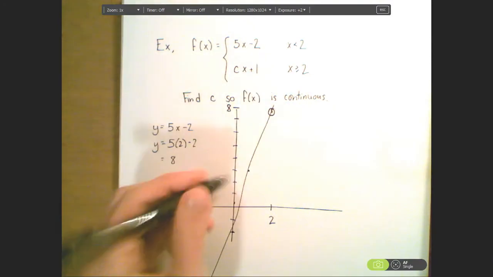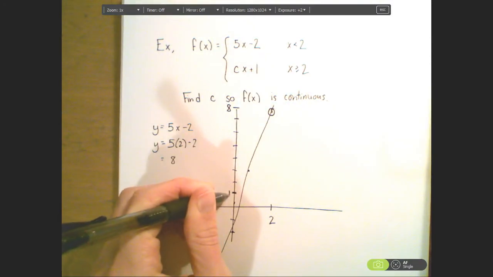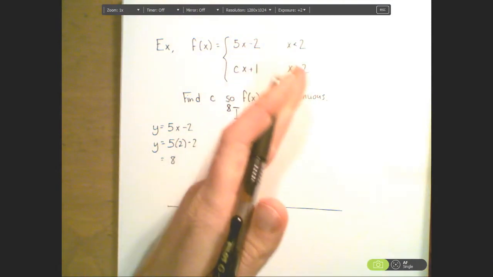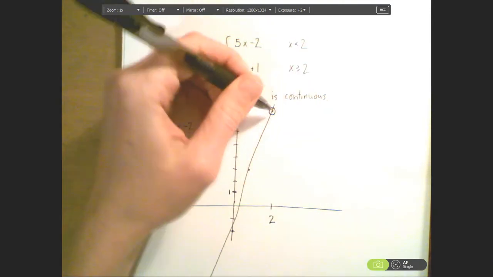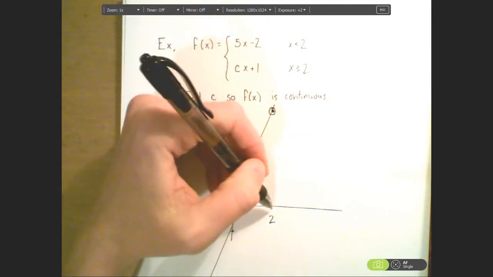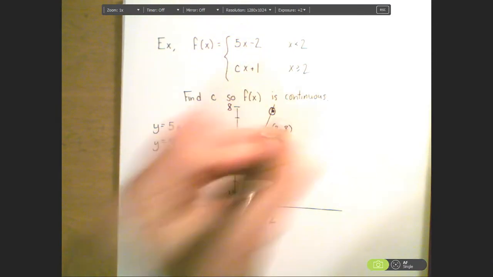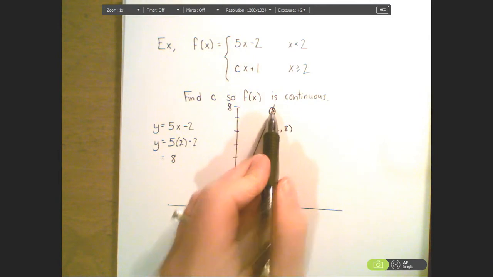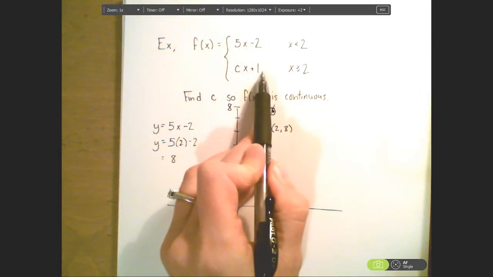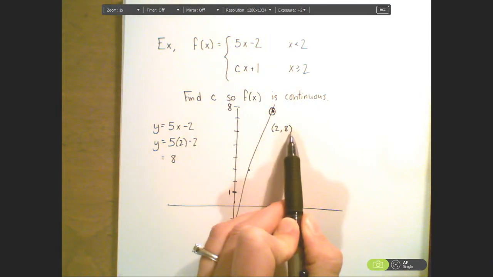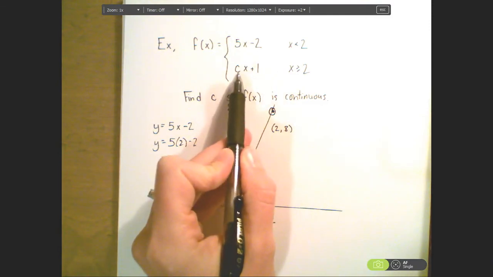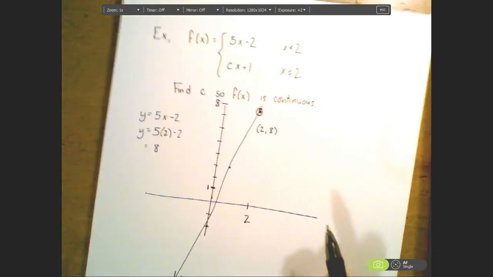I do know that it has an intercept of +1, and I want it to have such a slope so that it goes right through the point 2, 8, because it needs to pick up where the other function left off. So how can I create a function that goes through the point 2, 8, and is of the form cx plus 1?